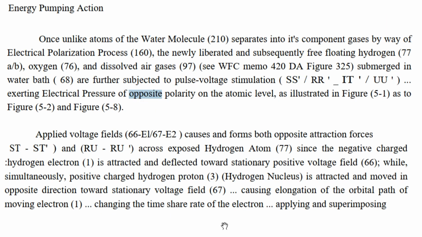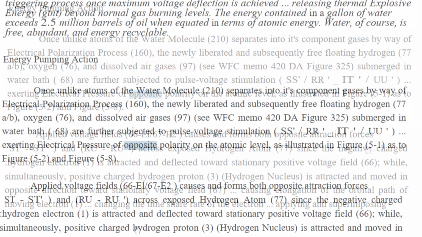Once unlike atoms of the water molecule separate into their component gases by way of electrical polarization process, the newly liberated and subsequently free-floating hydrogen, oxygen, and dissolved air gases submerged in water bath are further subjected to pulse voltage stimulation, exerting electrical pressure of opposite polarity on the atomic level. Neat.